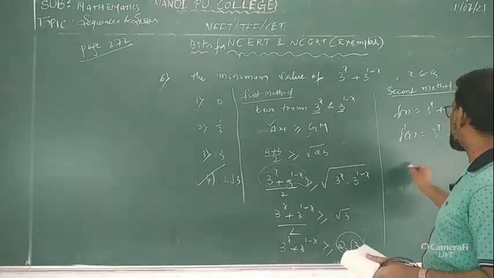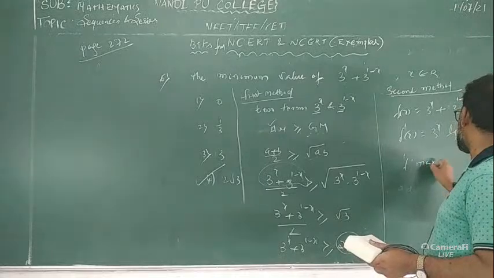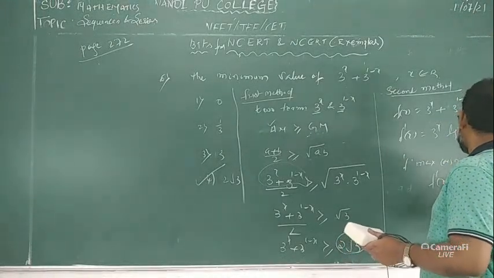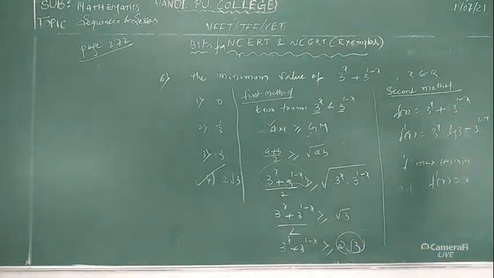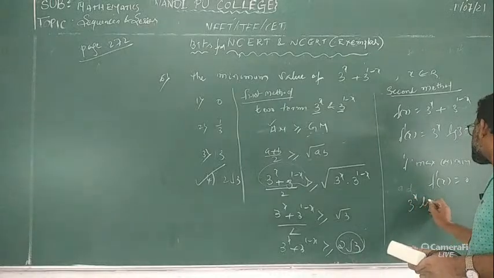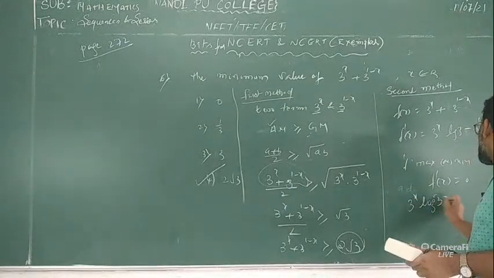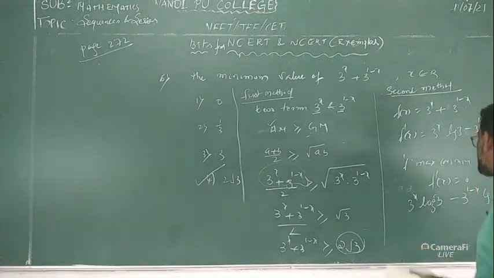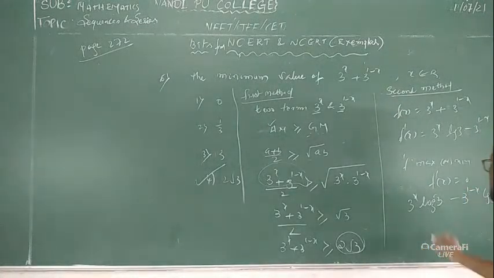For the function f to be max or min, f dash x should be equal to 0. Do you remember the method? The same method. f dash x is 3 power x log 3 is equal to 0.